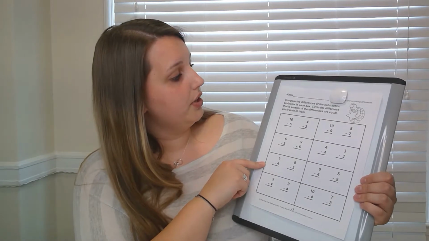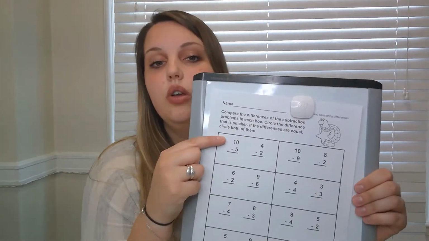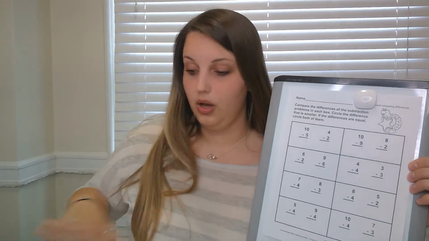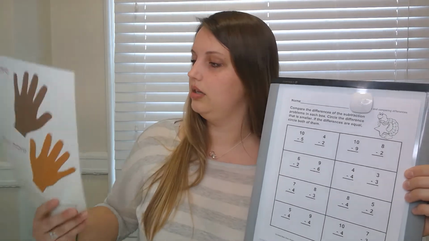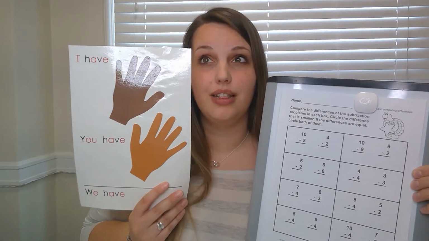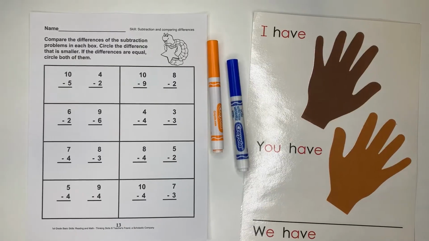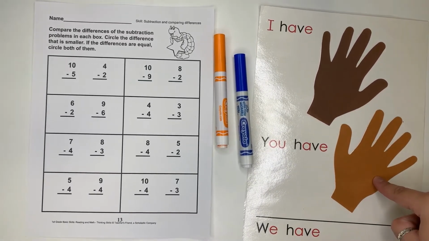So let's start with the first one and we'll work together on this. I am going to get my hand tool ready because I think it will be easier to see the problem with my pennies and the hands. Okay, I got my hand tool ready.